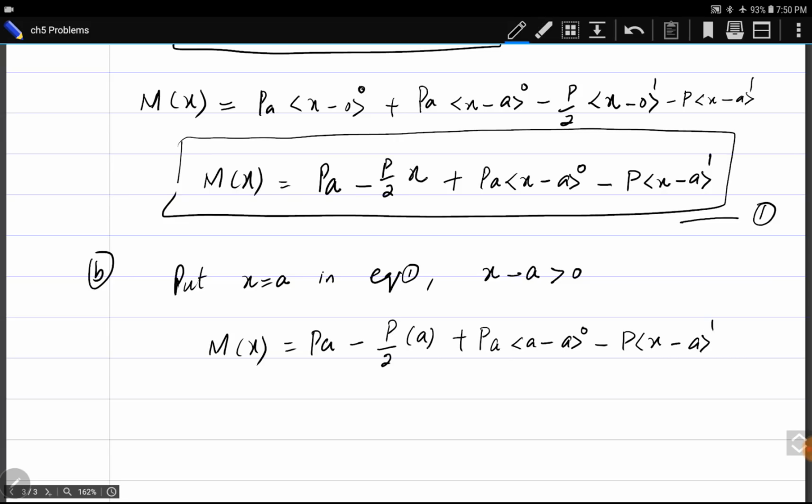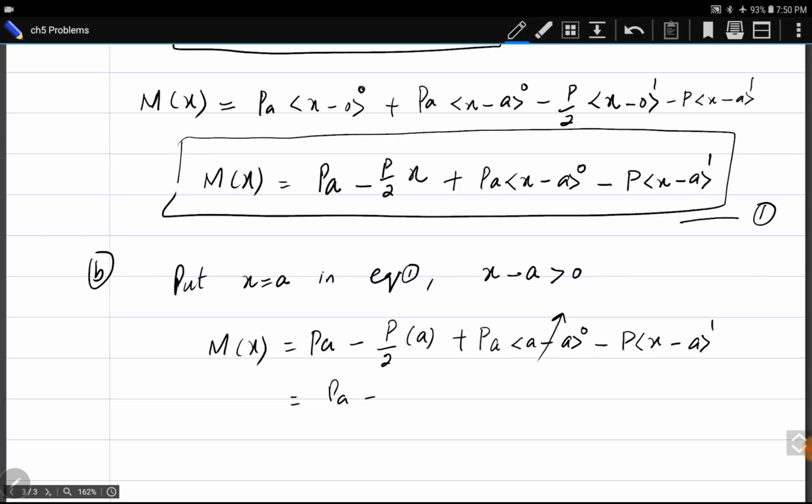This term, a minus a power 0, because this is a slightly higher than 0 number, almost equal to 0, power 0 is 1.